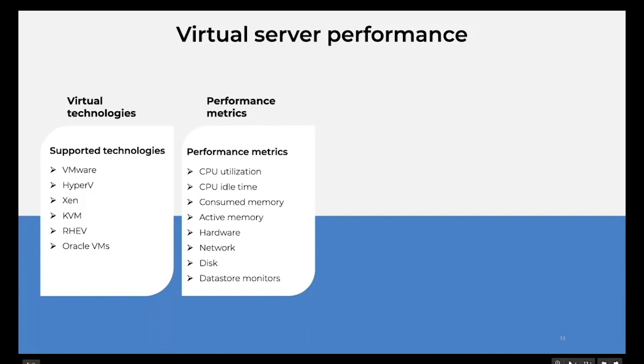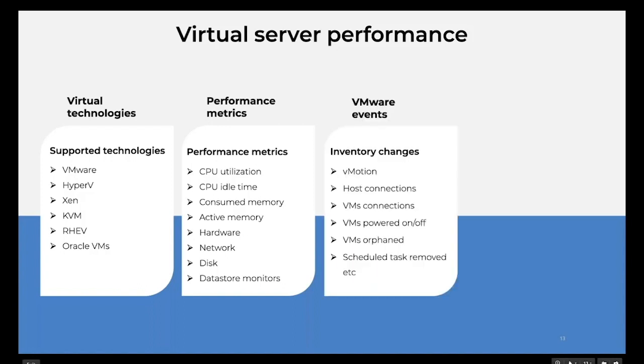So all of those parameters that we monitor for servers, we also monitor for our virtual servers with the same parameters and understand the performance at all times. When it comes to VMware machines, some more details in the form of the number of host connections or the virtual machine connections, the status of the virtual machines, that is whether they are switched on or off, and the scheduled tasks that are running on these virtual machines, that kind of insights.